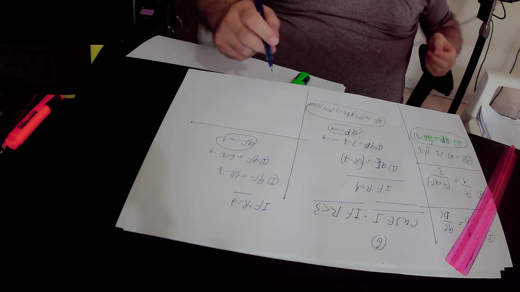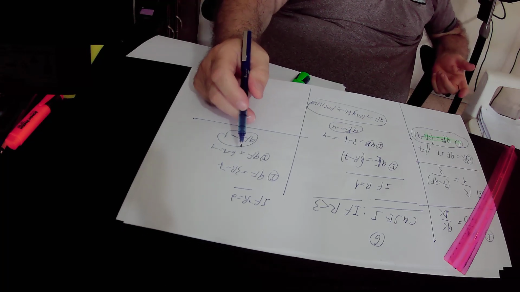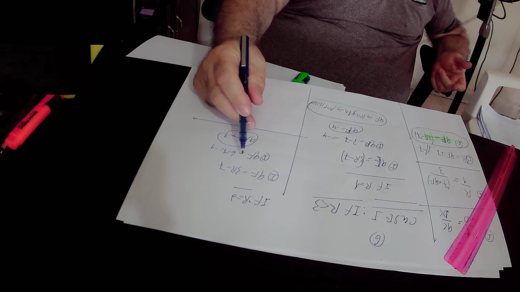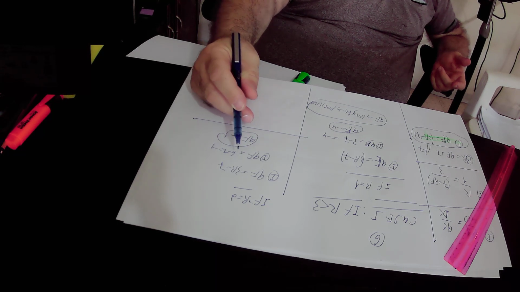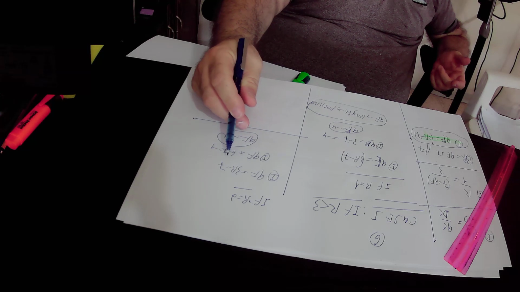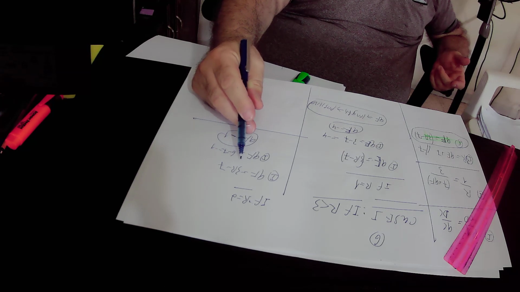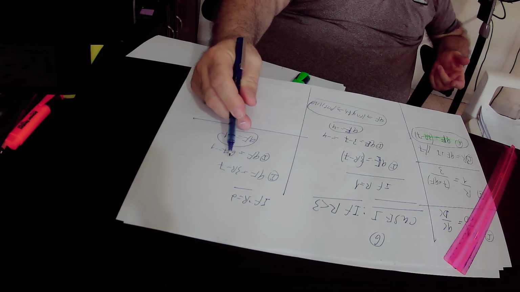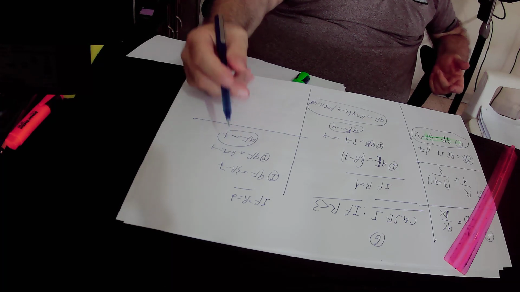Actually, if R equals 2.5, then we'll get that QF is indeed a positive number.